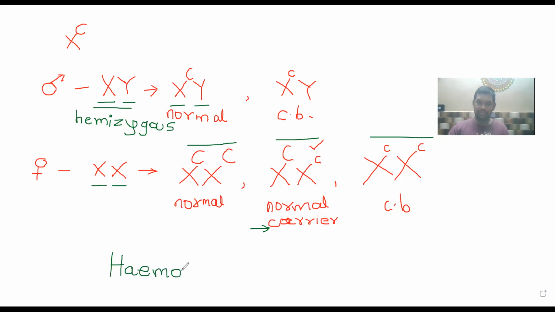Hemophilia is another disease or condition. We can split it up into words. Hemo stands for blood. Philia means love. When you say hemophilia, it is also called bleeder's disease. Normally, when any person gets hurt, a wound appears and there is bleeding.